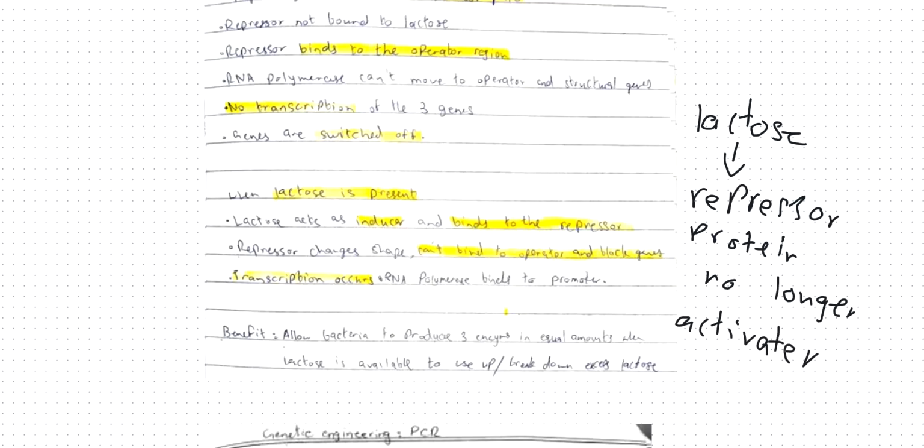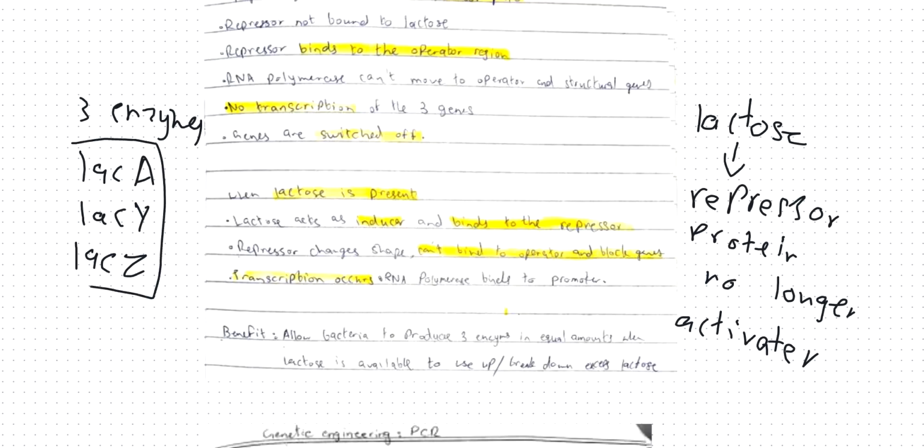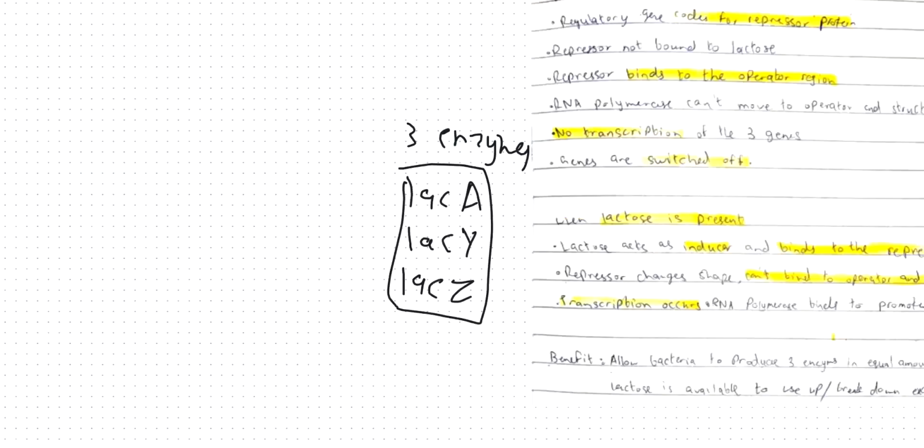So the three enzymes, lac A, lac Y, and lac Z, can be coded for. These three enzymes can then break down lactose.